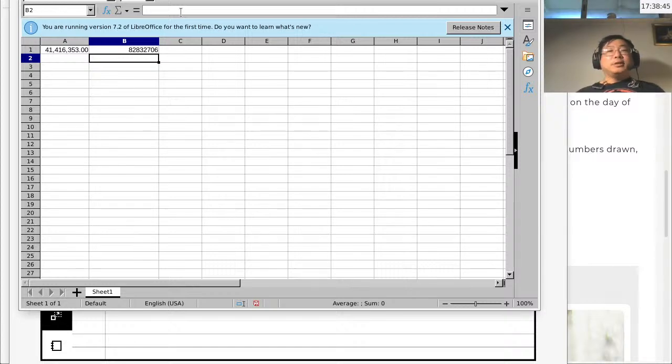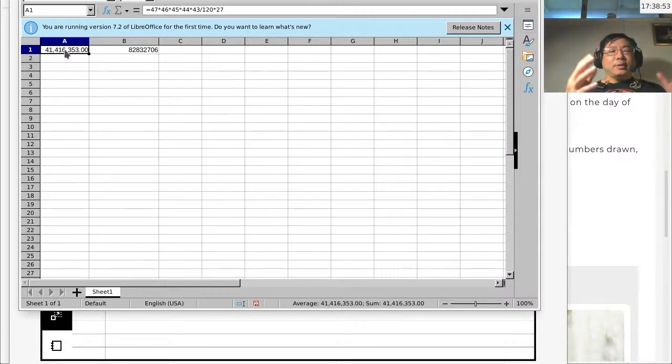There's no restriction that the state only has 41 million something unique tickets, and once those 41 million unique tickets are sold, there will be no new tickets sold. There's no such rule.